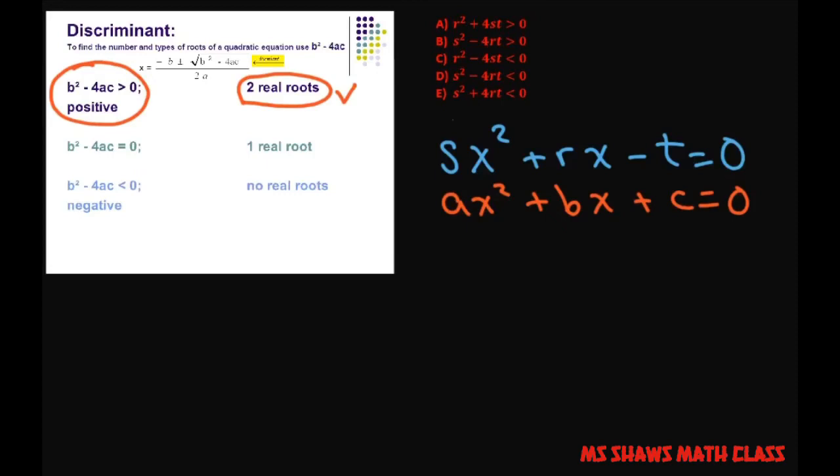So if we substitute, this would be r squared minus 4st has to be greater than 0. So when we plug r's in, this is minus 1t.